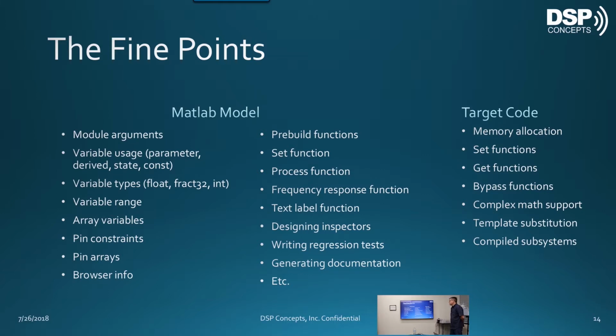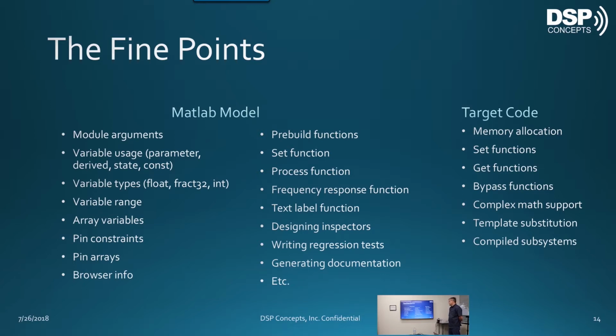So that's an overview. A bunch of fine points are all in the documentation. But in MATLAB, you can talk about module arguments. Remember how we have the arguments tab? They're treated a little bit differently. There are different types of variables, variable ranges, dealing with array variables and allocating memory for those.